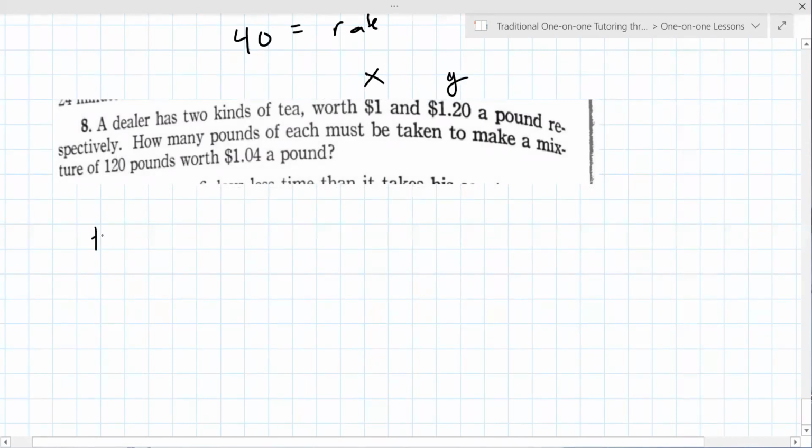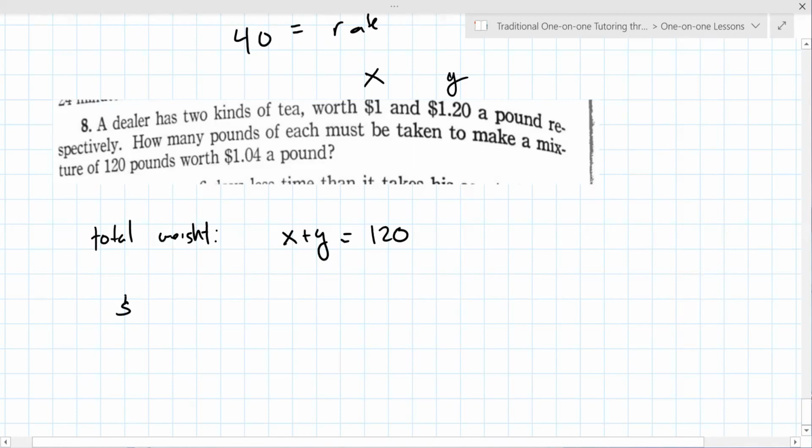There's usually a total weight equation, and that's X plus Y equals 120. So the total pounds together is 120. Now, just looking at this, it's going to be more of the $1 type to get it closer to 1.04.